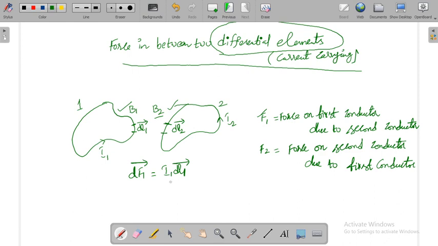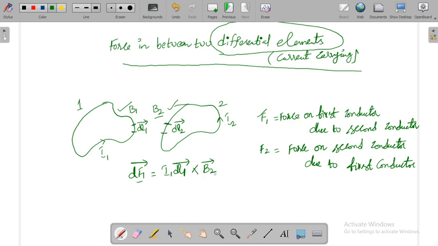Because I want to find the force on first current carrying element. Hence I need to write I1 dl1 bar cross B2 bar, because this is the force on the first conductor due to the field of second conductor. Hence for B we need to get suffix as 2, and for I and dl we need to get the suffix as 1.